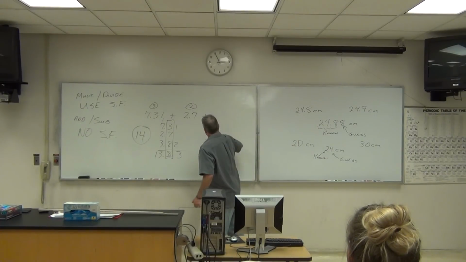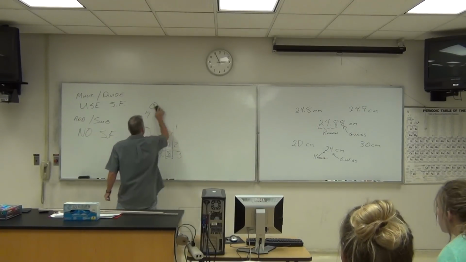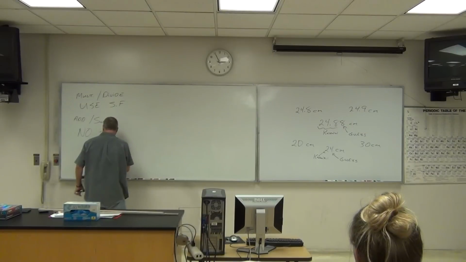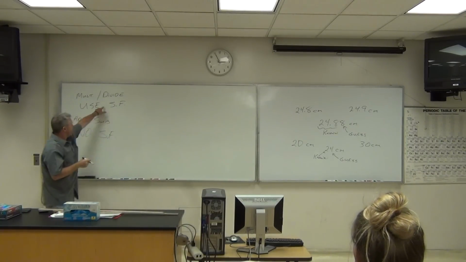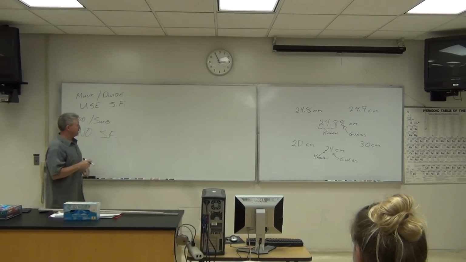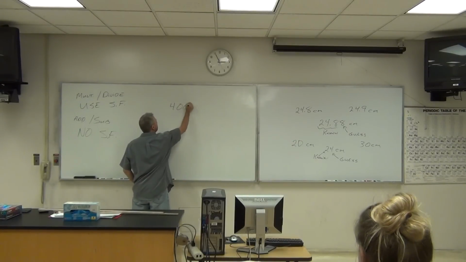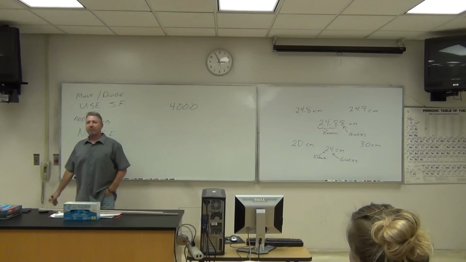So we're rounding. We're talking about rounding. Rounding numbers based on, in some cases, significant digits, based in some cases not. 4,000.